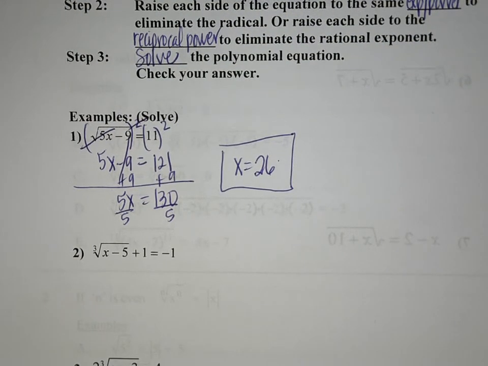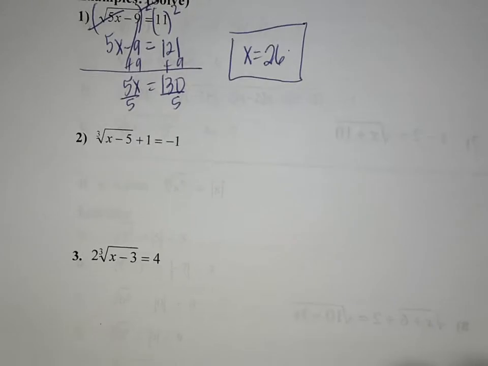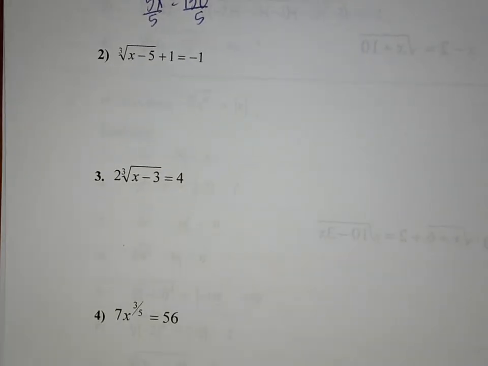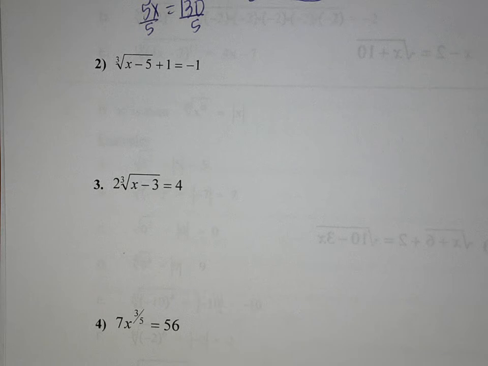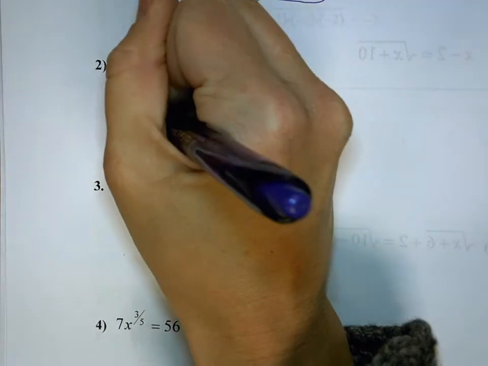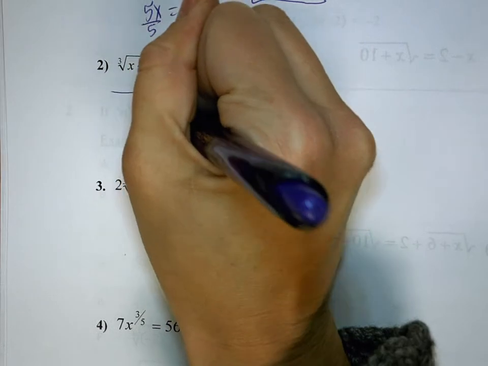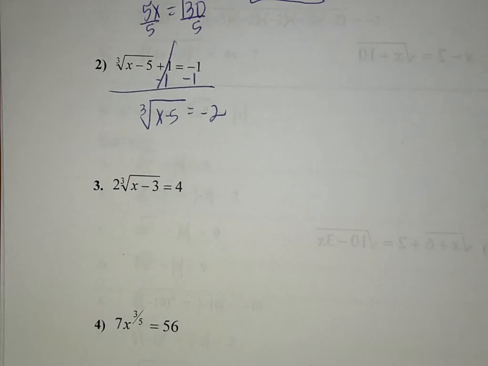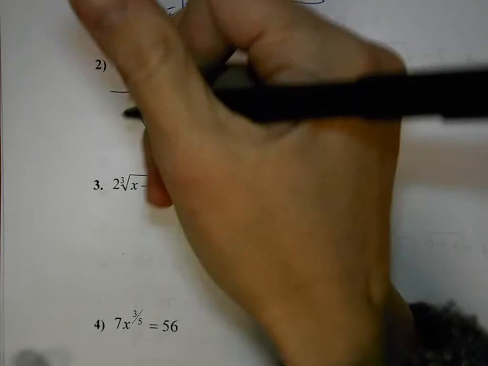Questions? Okay, so on example 2, is my root by itself? No. So what am I going to do? Very good. You have to first subtract 1. So I have the cubed root of x minus 5 equals negative 2. Is the cube root by itself now? Yes. What will I do? How do we get rid of a cube root? You have to cube it because you need 3 of them.